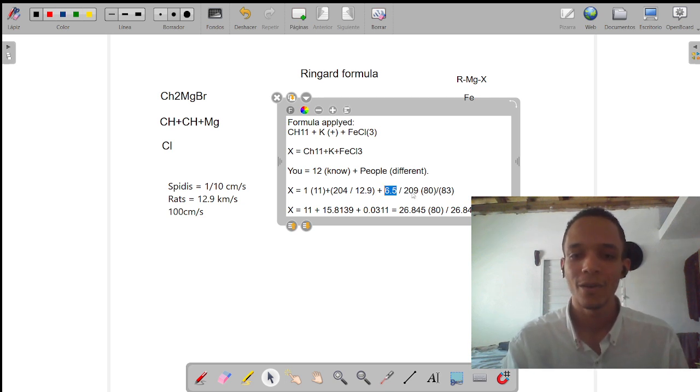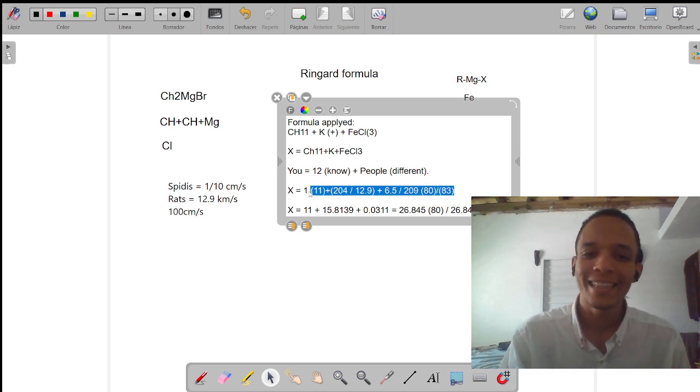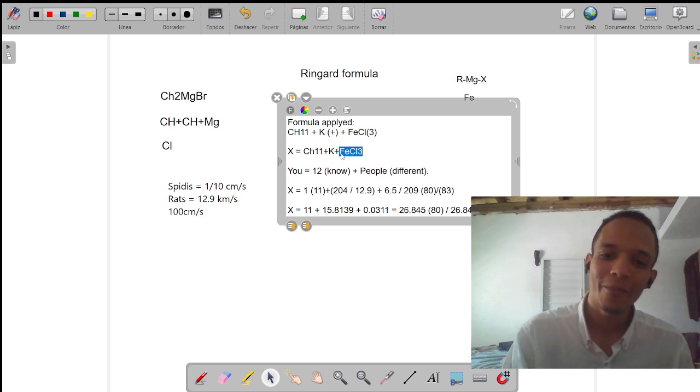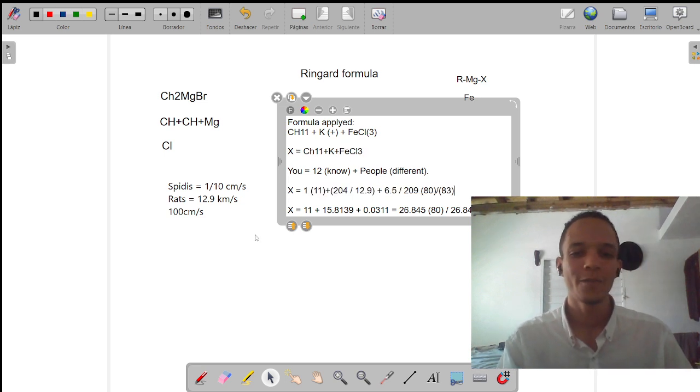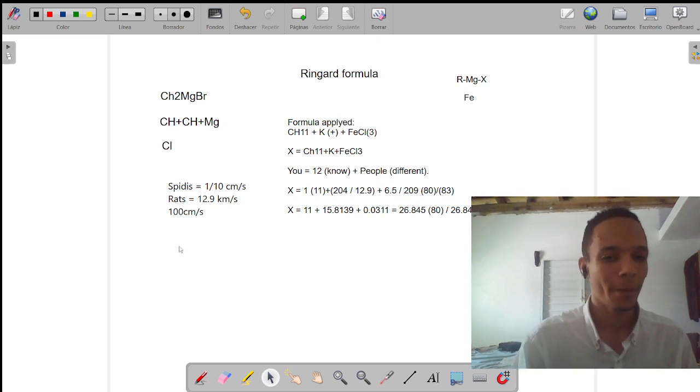Sorry, this is the representation of the space and the magnetism, and this is the velocity of the spies or rats. I really don't remember everything, but what I know is that this is the way that we convert these to these with the velocity of the rats.